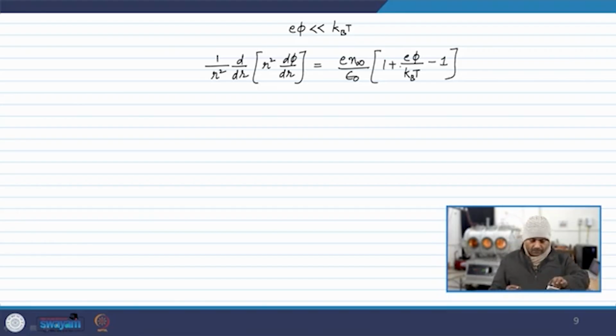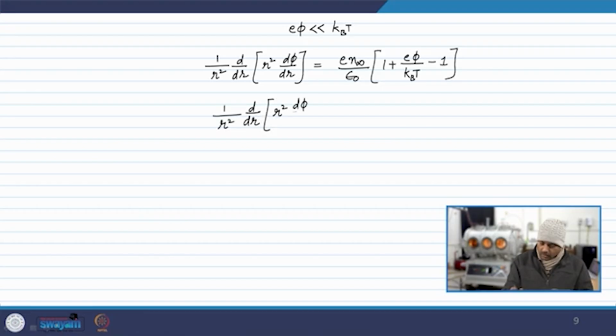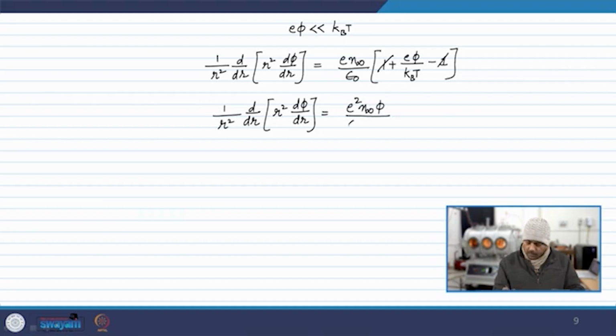Okay, fine. So, here is the same thing: (1/r²) d/dr (r² dφ/dr) = e² n∞ φ/(ε₀ k_B T).